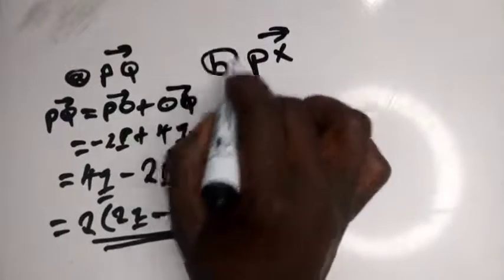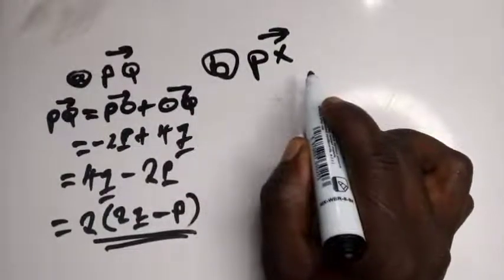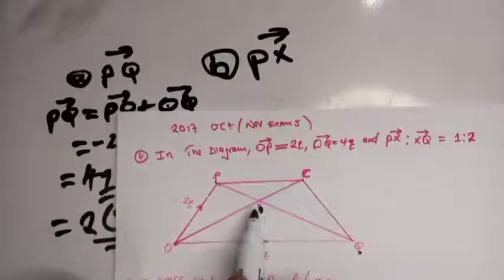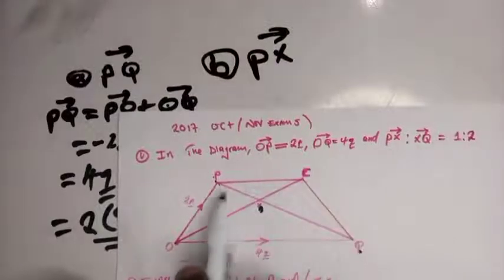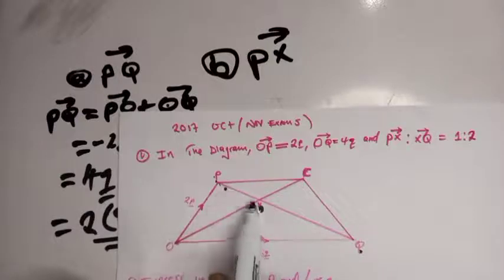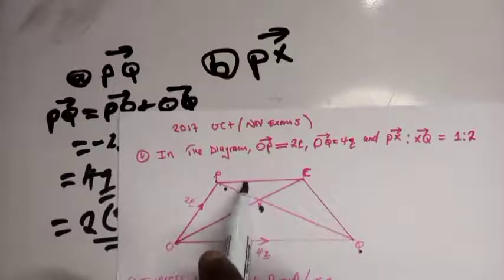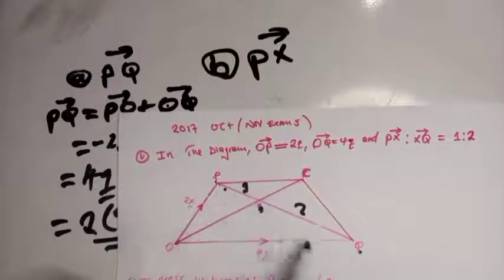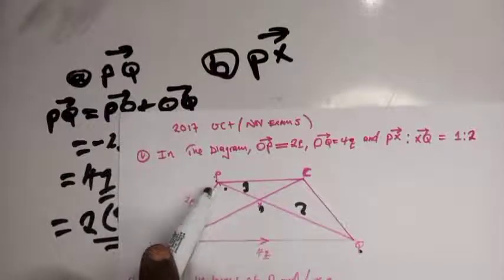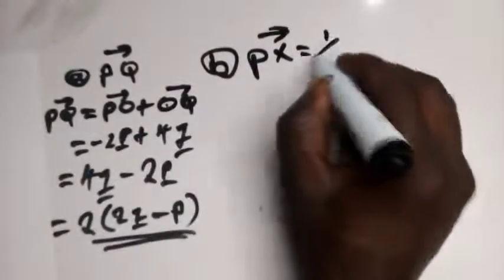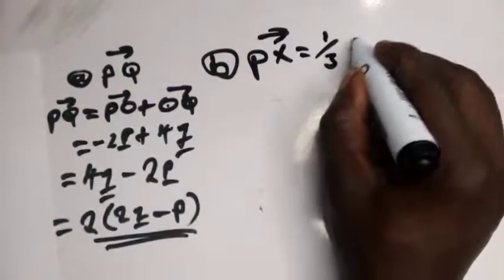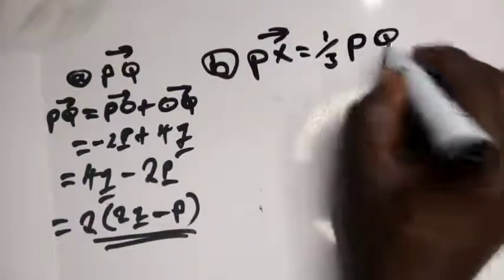PX, this is number b. PX, we are asked to find it. We are given the ratio PX is 1 here, then here 2, so the whole line is 3. So it is going to be 1 out of 3 PQ.